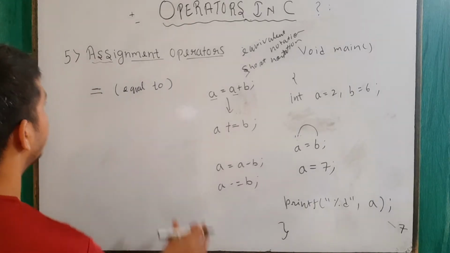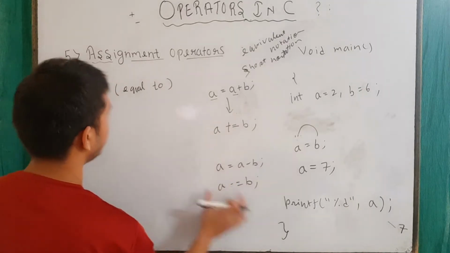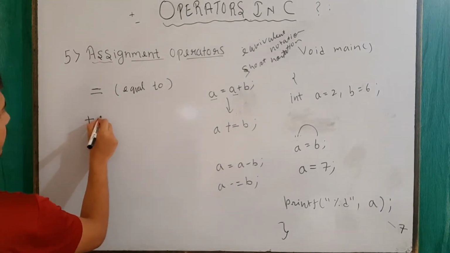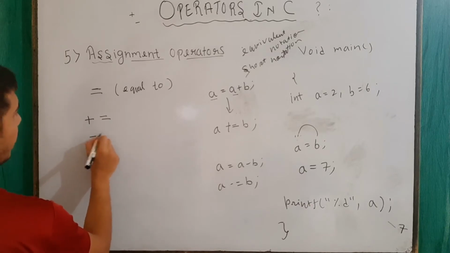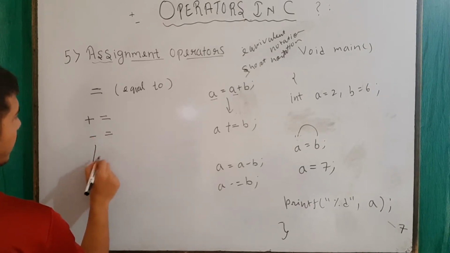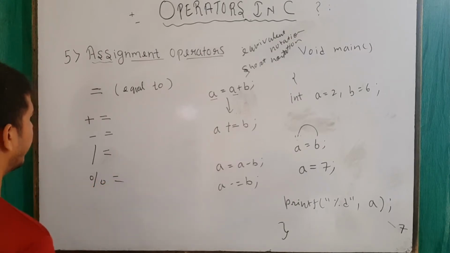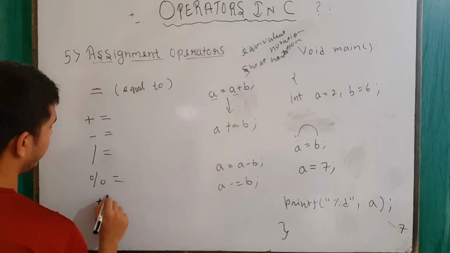Okay, now as per this there could be various operators. For example, there could be plus equals, minus equals, divide equals, modulus equals, then we had asterisk equals.